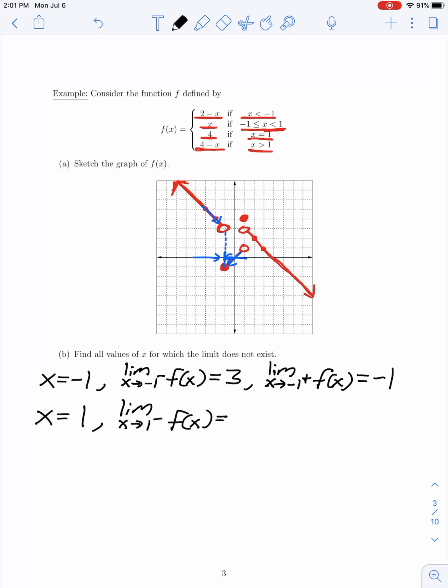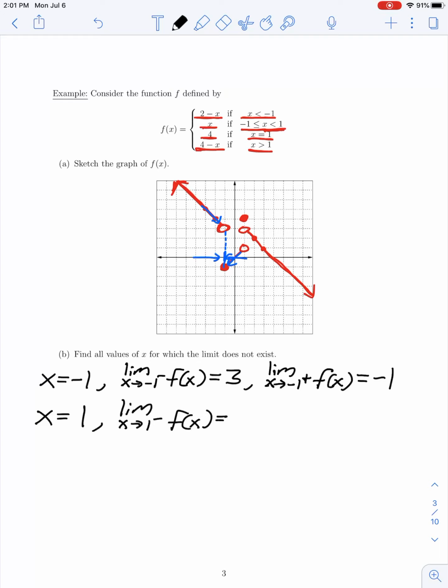Now in the function plotted in the right-hand figure, by examining this graph, it looks like the lines positive and negative 1 are vertical asymptotes for this function. We see the left-hand limit as x approaches negative 1 is positive infinity.